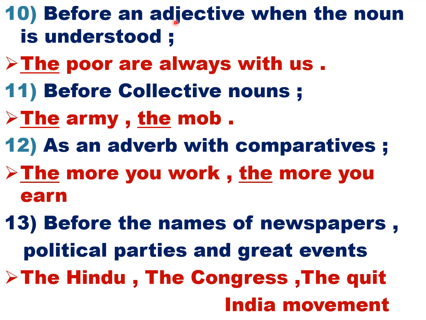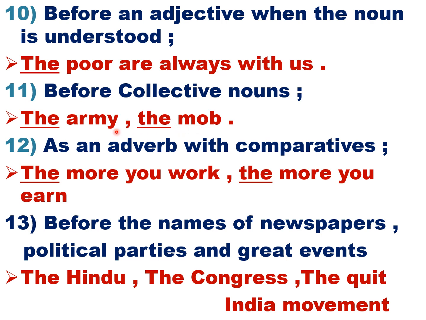Before an adjective when the noun is understood. Example, the poor are always with us. Poor is an adjective and the people is clear here. So the definite article the is used here. Before collective nouns. The army, the mob. Army and mob are collective nouns.